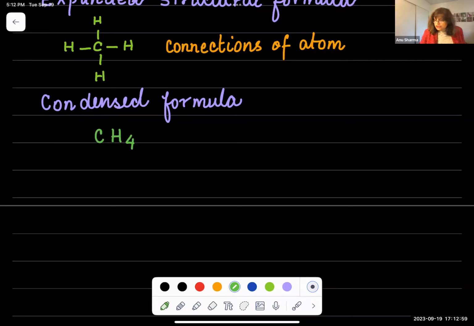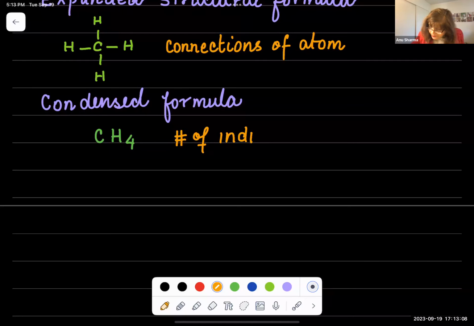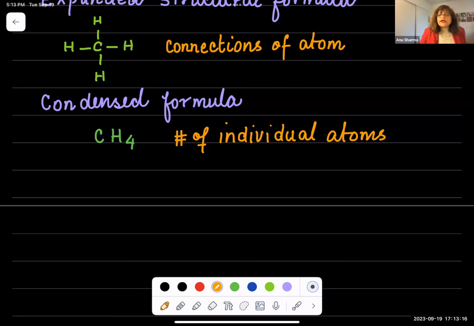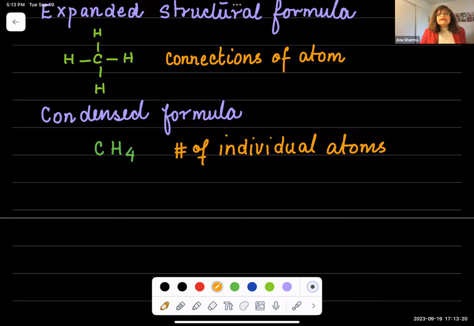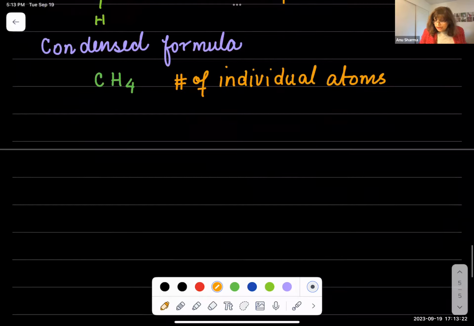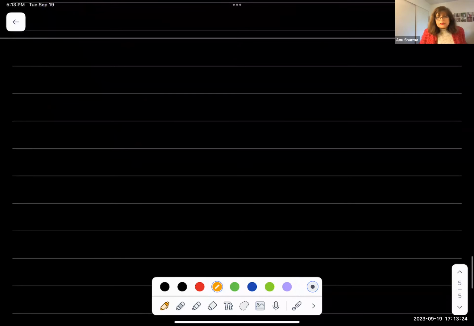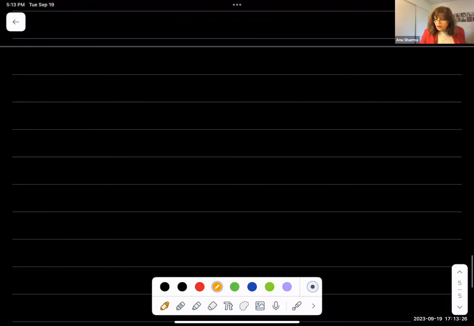So basically it tells us the number of each individual atom, but we do not know what their connectivity is. Connectivity only comes through the structural formula. But in organic chemistry, hydrocarbons are all hydrogen, carbon, carbon, carbon, hydrogen, hydrogen, so it takes a lot of time.